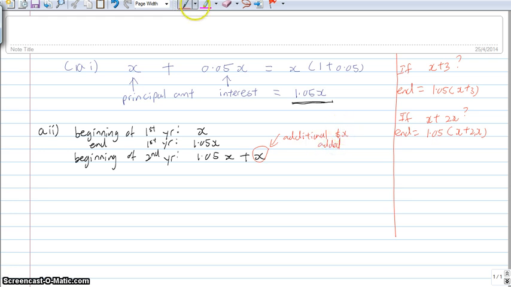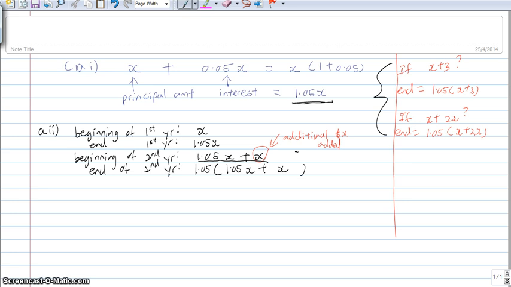Correct? Alright. So now the end of the second year, with the interest of 5%, just now I've gone through this exercise with you, you will take simply 1.05 multiplied by what you have. So what I have is this amount, 1.05x plus x.